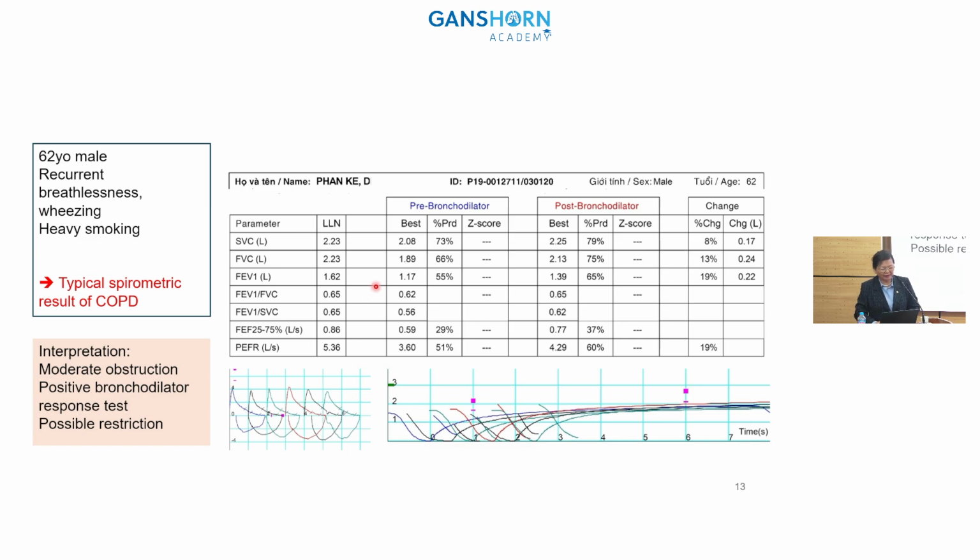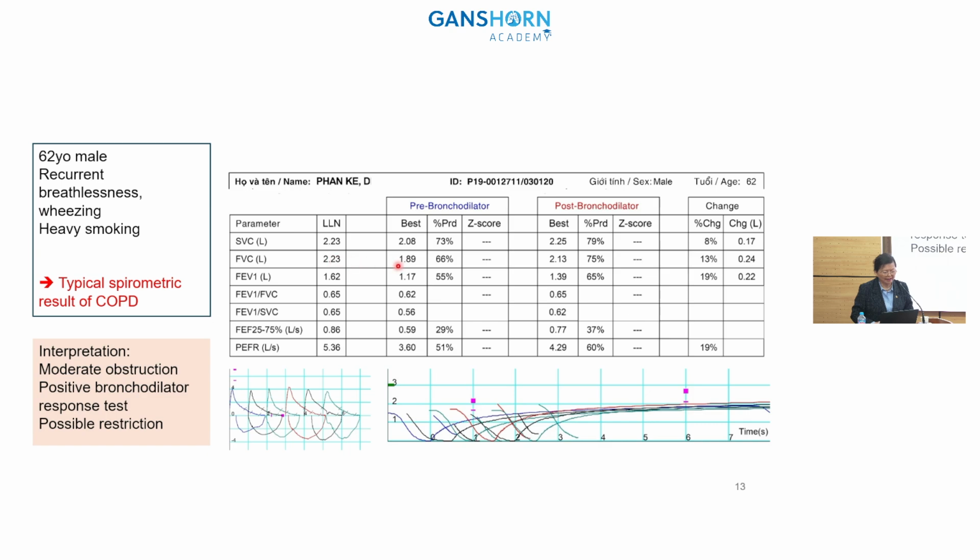And we have another one. It is a 62 years old male, recurrent breathlessness with heavy smoking. And it is the same. We will look at the FVC. It is a rather old one, so we do not have the Z-score yet, but we could use the lower limit of normal.